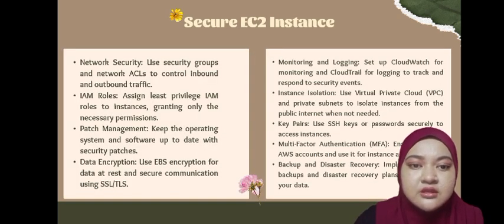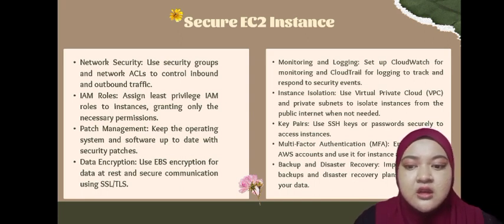Secure EC2 instances. First is network security. Use security groups and network ACLs to control inbound and outbound traffic. IAM roles: assign least-privileged IAM roles to instances, granting only the necessary permissions.